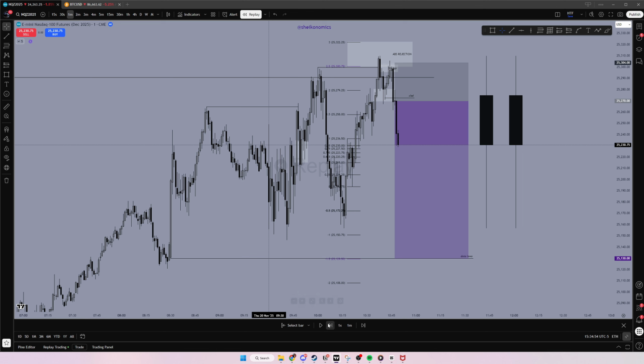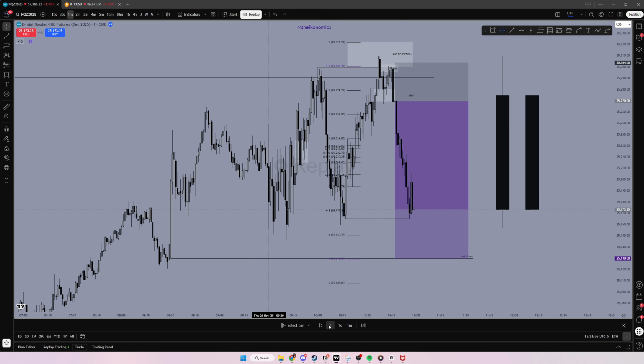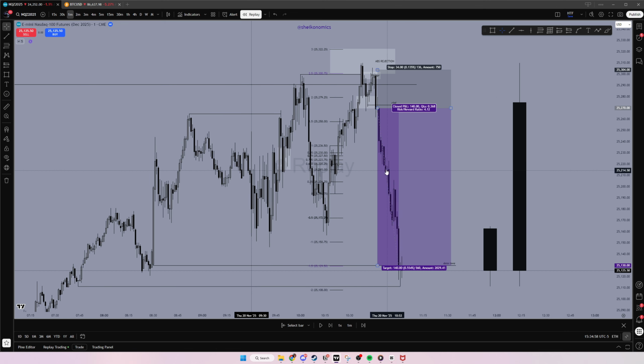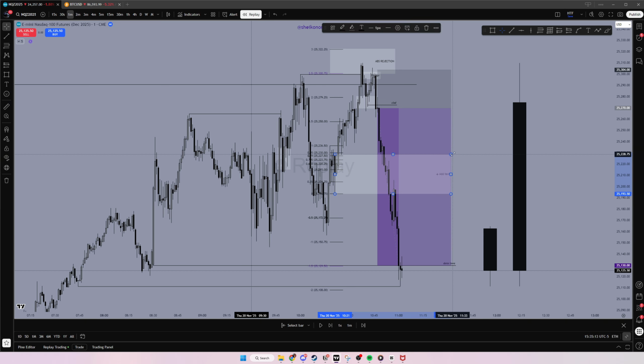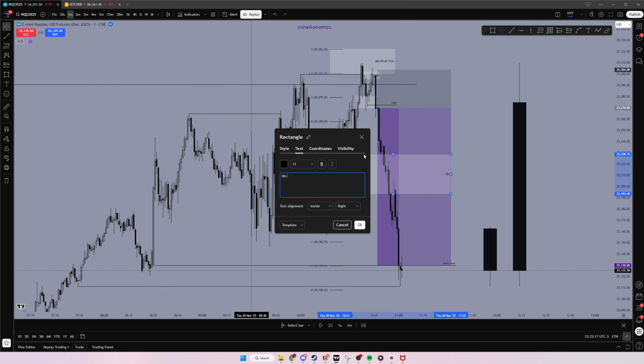So that was my entry, and my target was the same as the first trade, data lows. And this ended up playing out pretty smoothly towards data lows. Now another thing you'll notice, and I've said this before, is a sign that you managed to place the right fib and it was a valid ABS trade: if you look at the leg where I placed the fib, which is the breaker after it gets validated, this right here is your bearish breaker.